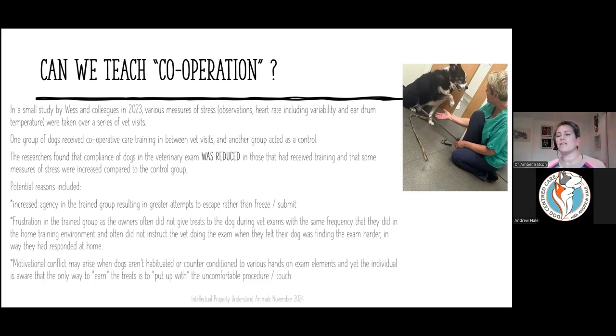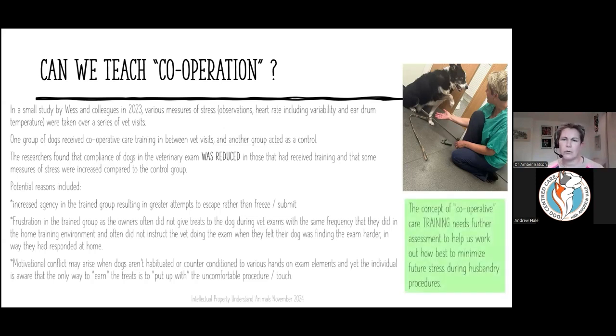Is it going to be the same as at home, or is it going to be the same as it was before? And that motivational conflict can exacerbate emotional responses and stress responses in some. So it's really important that we are making quality observations about how that individual is feeling and how well this is going, and tailor plans to those individuals.